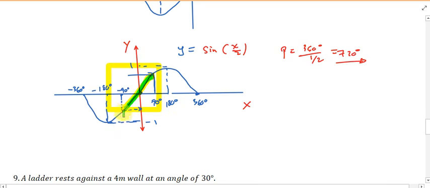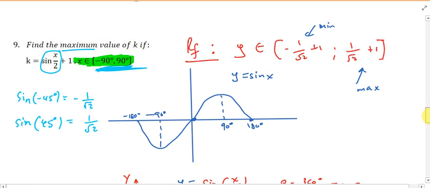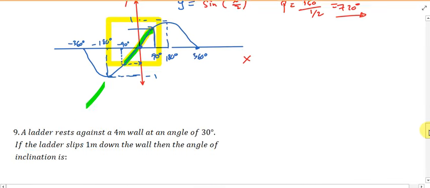So that's your graph from minus 90 to 90. The rest of the portion of the graph we're not interested in, right? Restricted graph. So that's your maximum value. Therefore max value is 1 over root 2 plus 1, and you select the correct option.